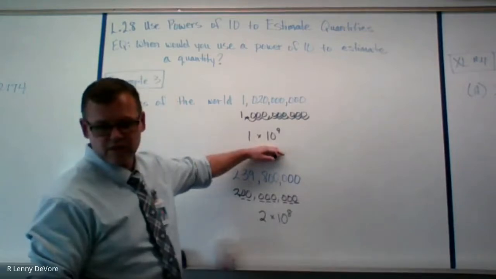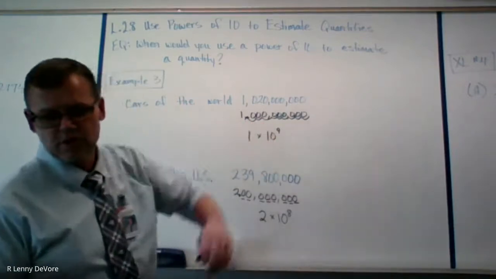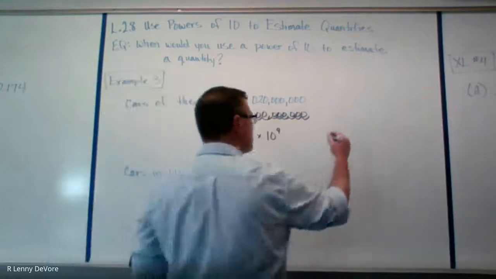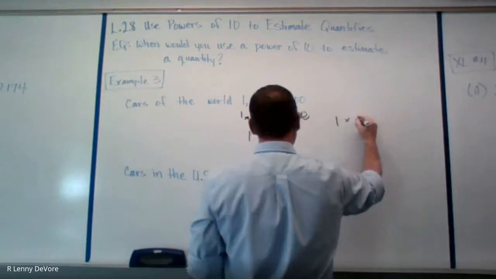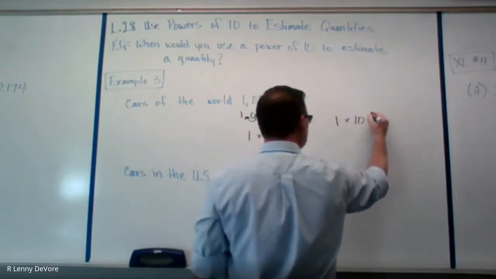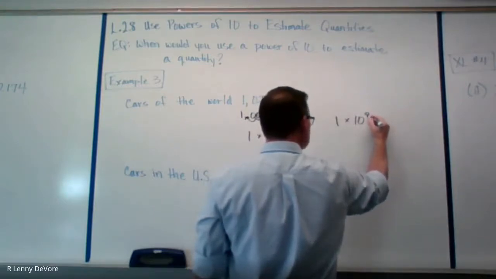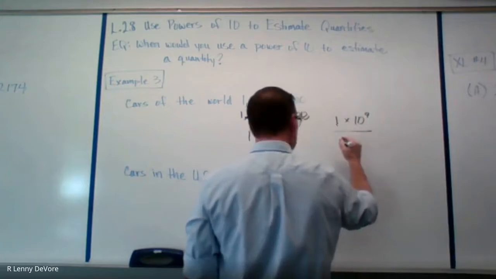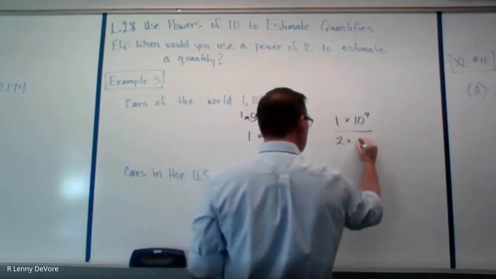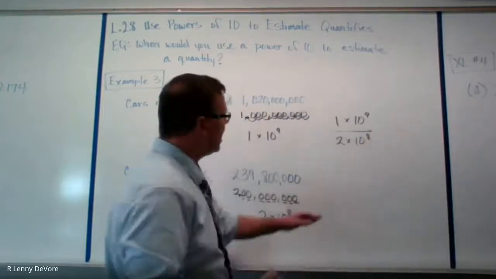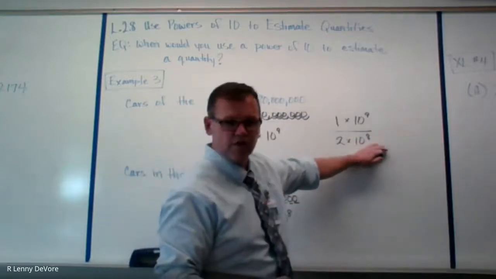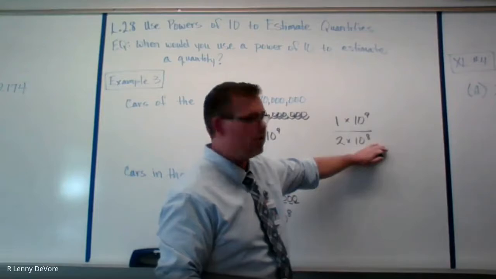Okay, guys. So here's what we're going to do to put them into a ratio. I'll put them over each other in fraction form. So 1 multiplied by 10 to the 9th power over 2 multiplied by 10 to the 8th power. Now, these exponents cancel each other out, which you guys have seen in another one, right?